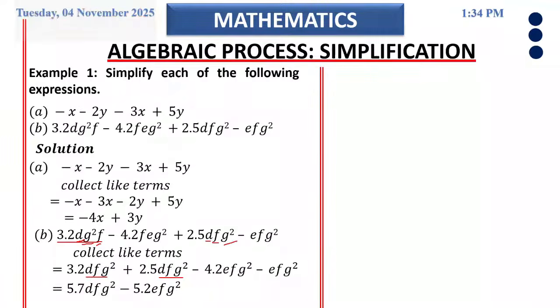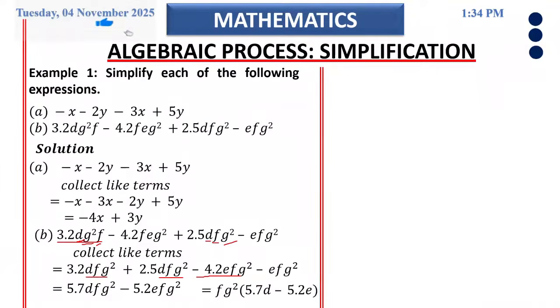And the same thing goes for the second value here, minus 4.2 efg square minus efg square, which will give us minus 5.2 efg square.